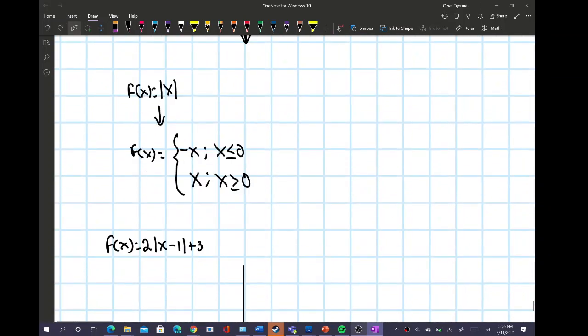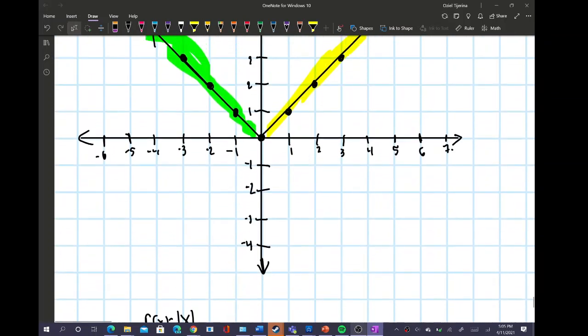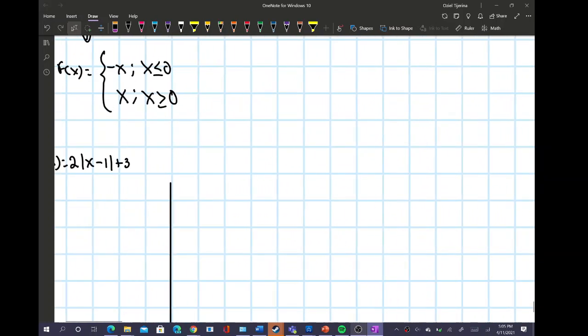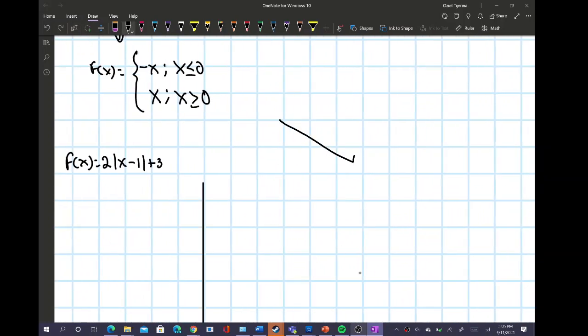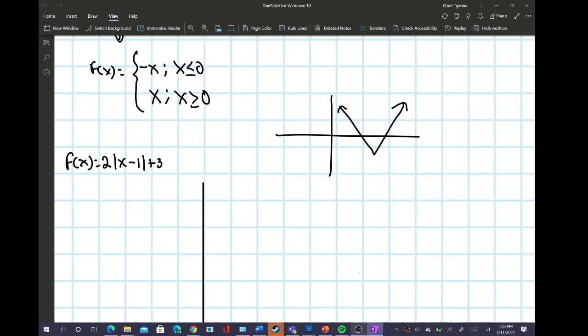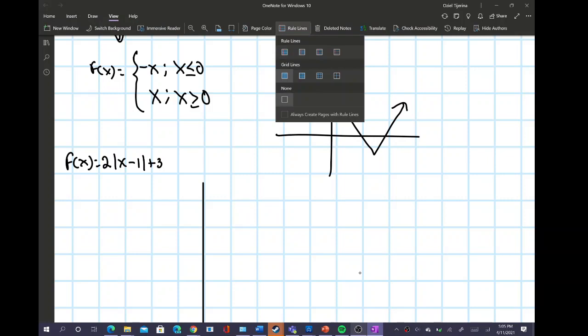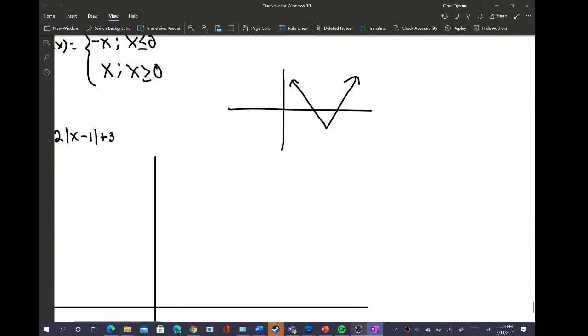Now, when you have an absolute value equation, for example, something like this, let me take off the lines very quickly.